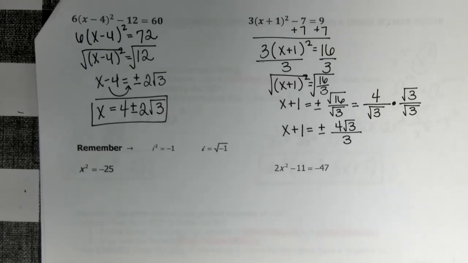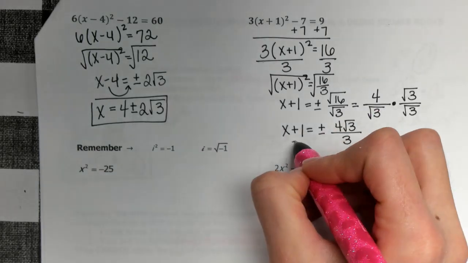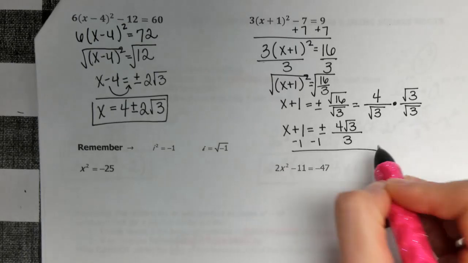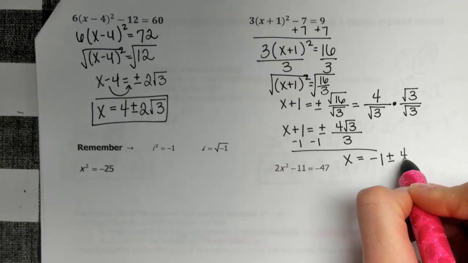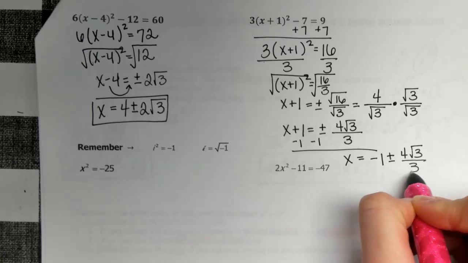So if you end up with a fraction, you're going to have to rationalize. Then I can subtract my 1. X equals negative 1 plus or minus 4 square root of 3 over 3.